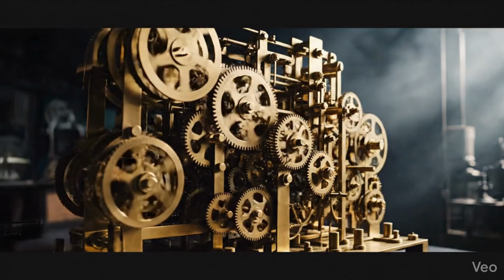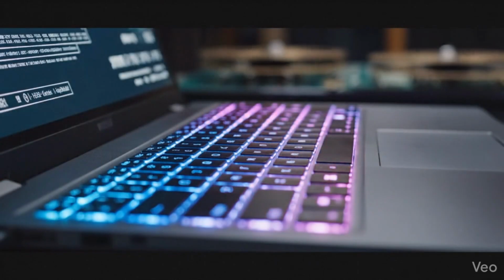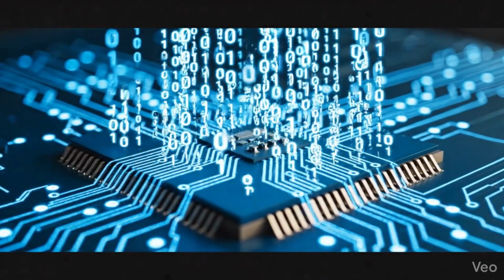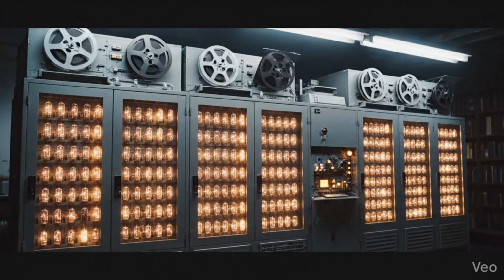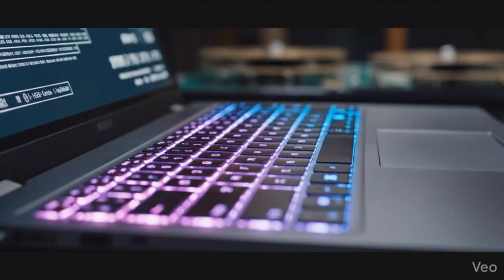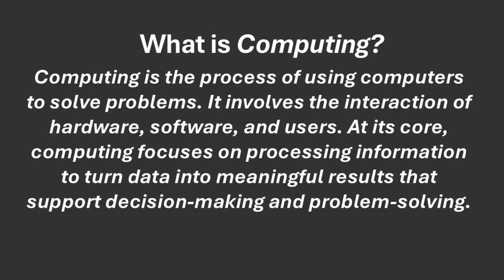Meaning of computing. Computing refers to the use of computers and related technologies to collect, process, store, and communicate information. It involves the interaction between hardware physical components, software programs and applications, and human users. Computing is the process of using computers to solve problems.